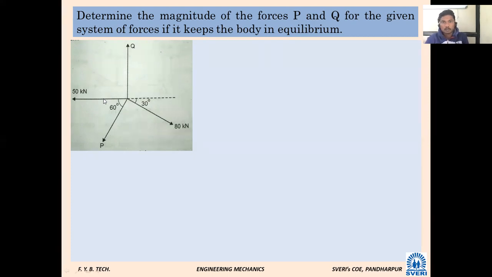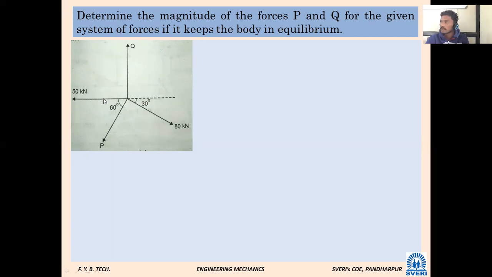That we are supposed to find. Have you seen the problem figure and problem statement? Have you read the problem statement? Yes, sir. Okay. So are you understanding what is given?